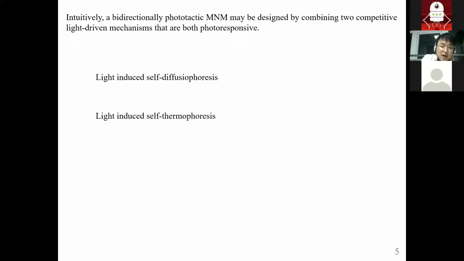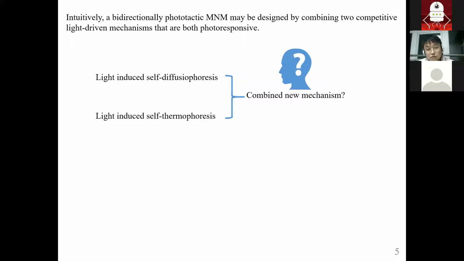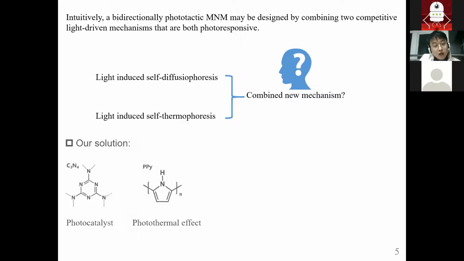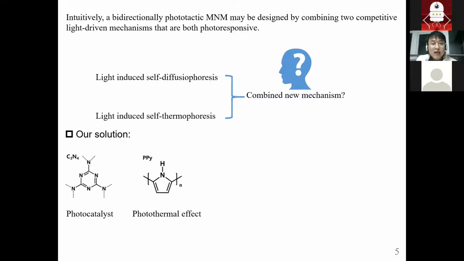So, is there a possibility that we could combine these two classic mechanisms into one micromotor to form a new mechanism? In this work, two active compounds, the photocatalyst carbon nitride and the photothermal polypyrrole nanoparticle, have been integrated into the micromotor.